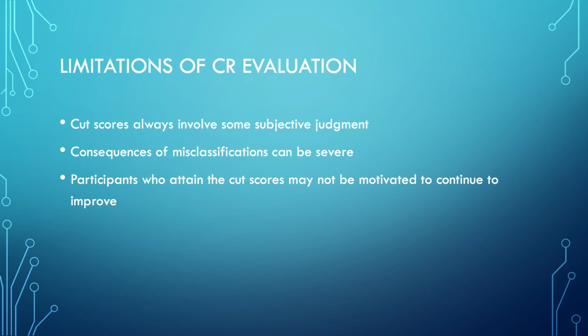I'm talking specifically when we classify non-masters as masters, and participants who attain the cut scores may not be motivated to continue to improve. So on the push-up test, if you've already met the cut score goal, you don't necessarily have motivation to continue to be able to do more push-ups.